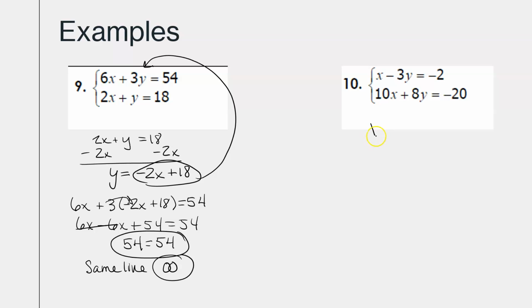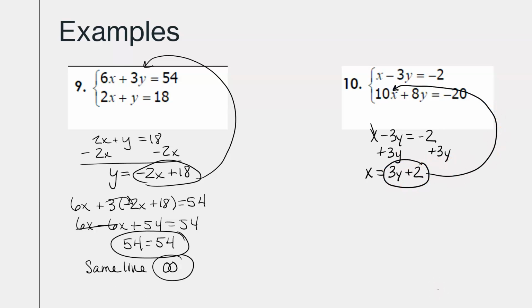I'm going to isolate that x in the first equation by adding 3y to each side. So I have x equals 3y plus 2. I'm going to take what x is equal to, plug it right into the second equation. So I have 10 times 3y plus 2 plus 8y equals negative 20.